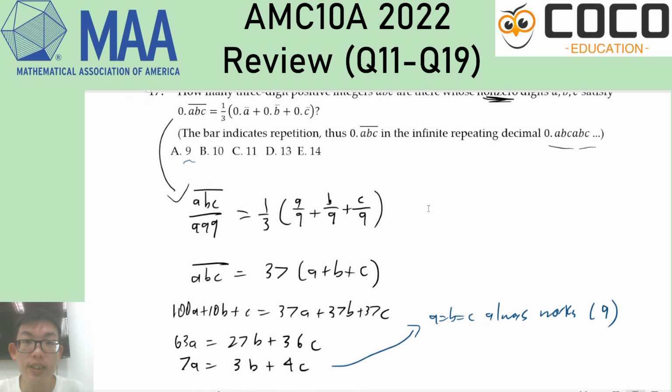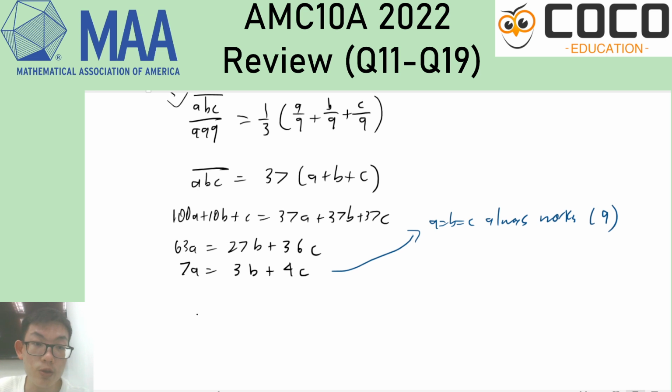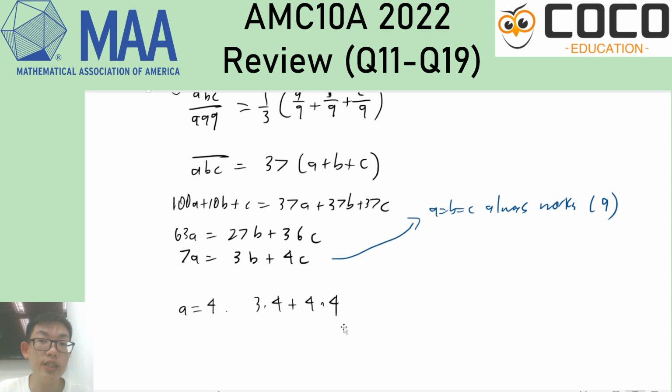So for instance, if let's say A equals 4, right? So I'm saying that it's 3 times 4 plus 4 times 4. I could theoretically replace 3 of the 4s with 4 3s. So 7 times 4 is equal to this.